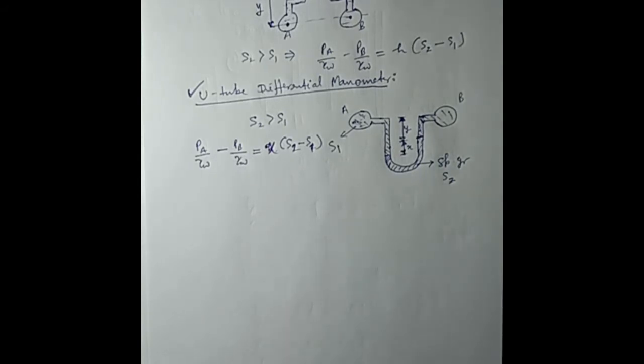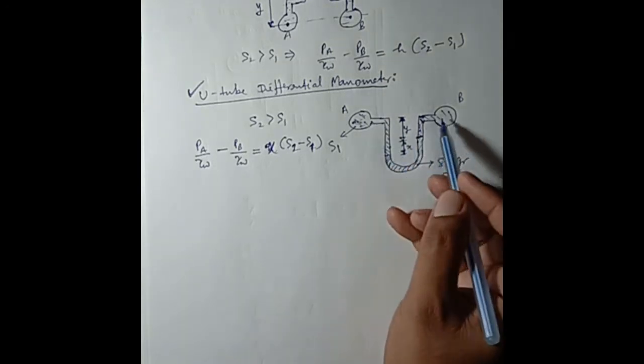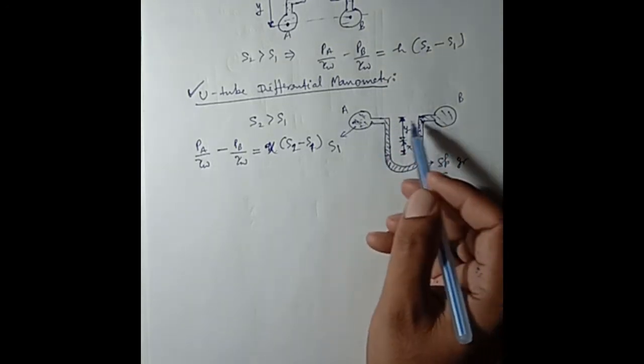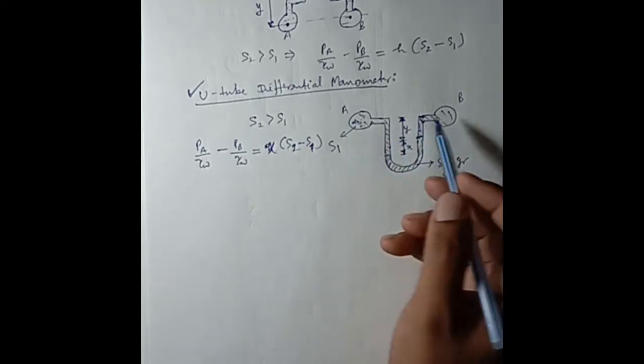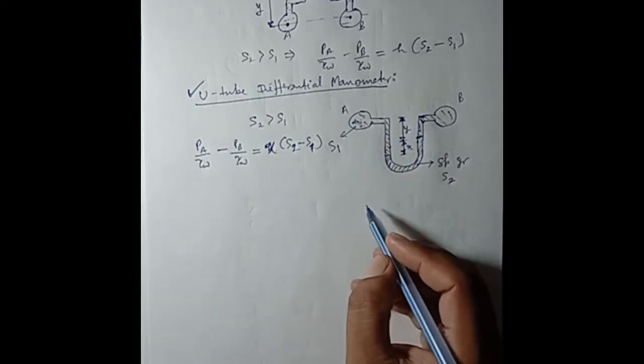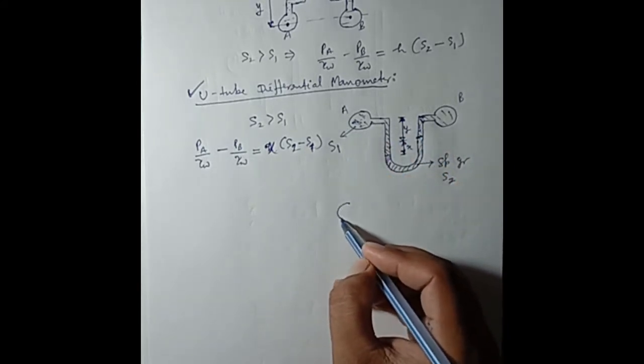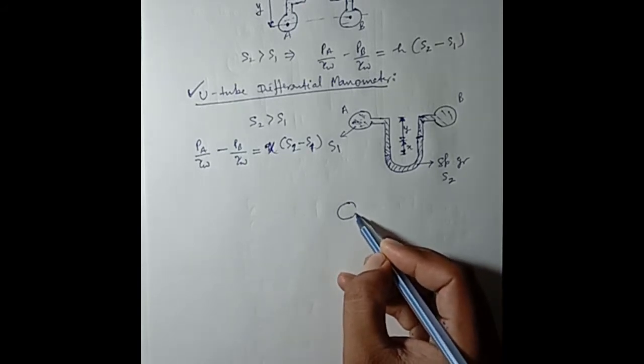Now the U-tube differential manometer with different liquids, different levels. In the previous case, A and B limbs are taken at the same level, but here the limb A and B are taken at different levels.